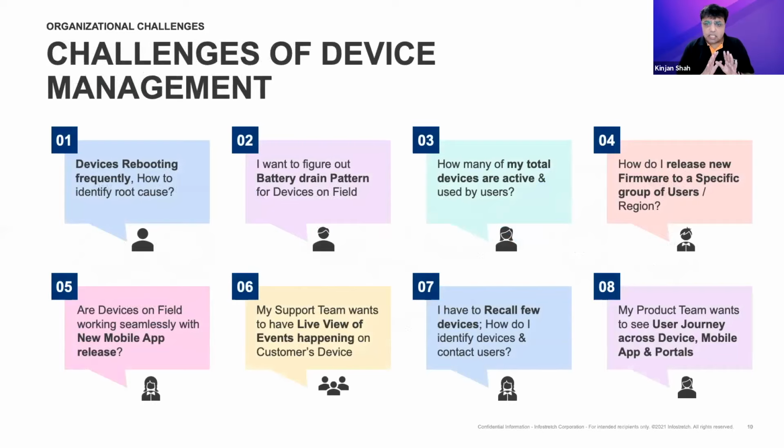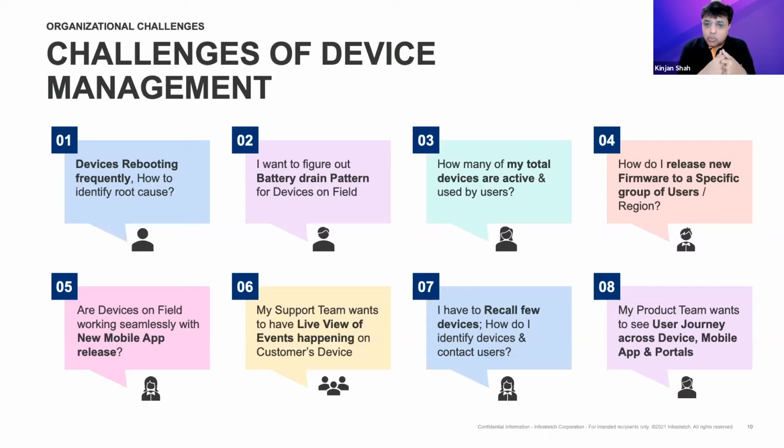These are some of the challenges that we have highlighted here, like device rebooting frequently. That's a typical problem any product engineering team will come up with. Or if it's a battery operated device, oh, my batteries are draining and I have no idea what the pattern is, why it is draining, or how many devices are active and which ones are having issues.